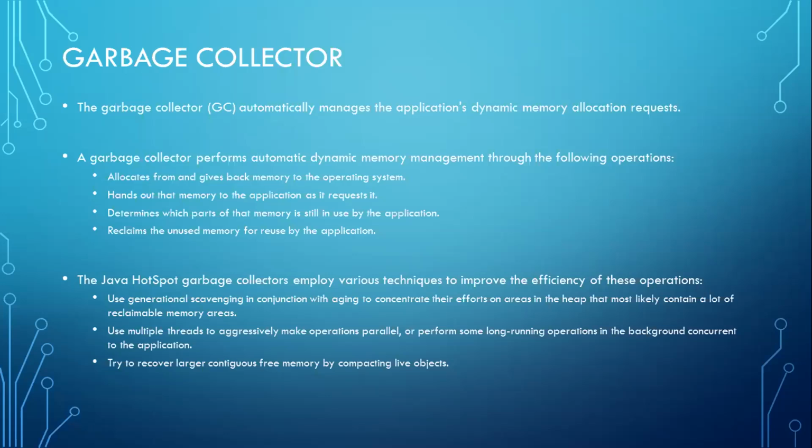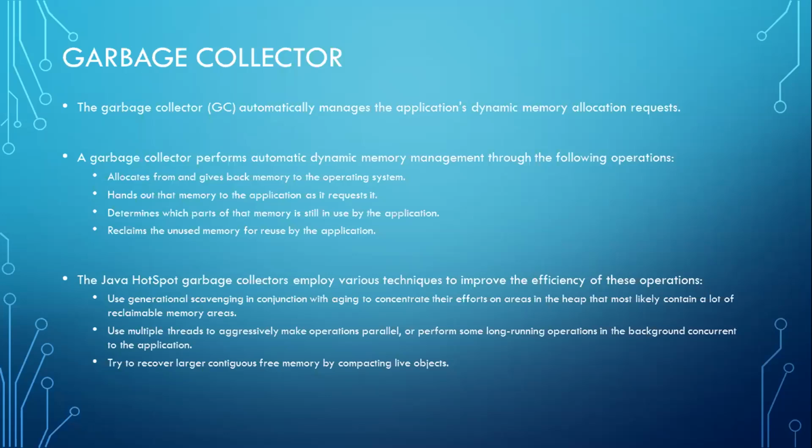One is called maximum heap, and the other is called startup heap. We'll go through those arguments in the training session, but just to give you the understanding, Xmx is the max heap that we are trying to allocate to your Java program.